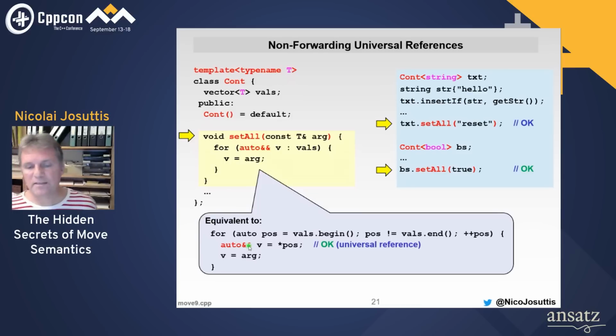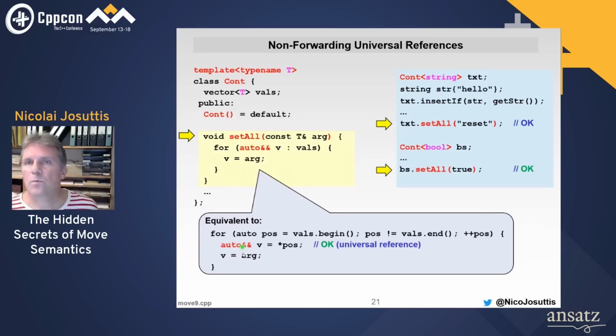And that's the only kind of type where we can bind to any object without losing the information whether an object is const. And therefore, you sometimes need universal references not to forward something. We don't forward anything here at all. Do you see any forwarding? No, we just need a reference, and a reference that can refer to everything.